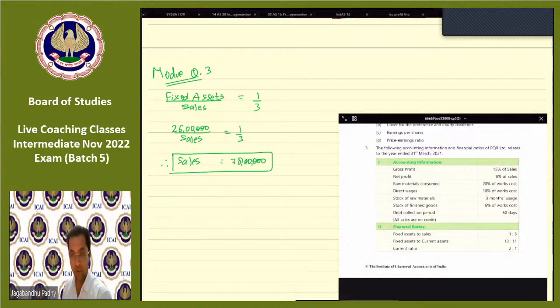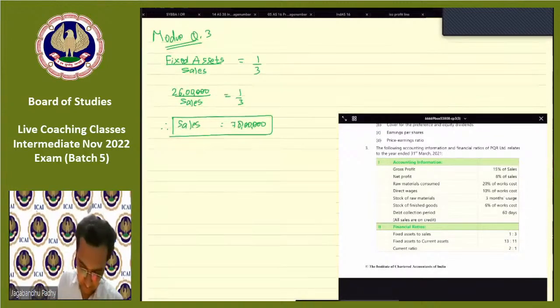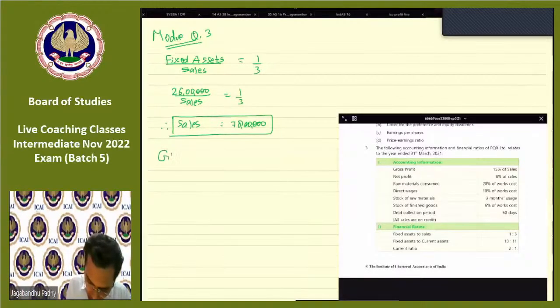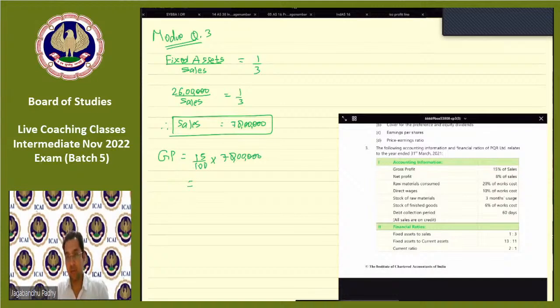See, now we are going to compute a lot of numbers using this sales figure, right? We have first number is the gross profit, which is 15% of 78 lakh. The gross profit will work out to be 15% of 78 lakh.